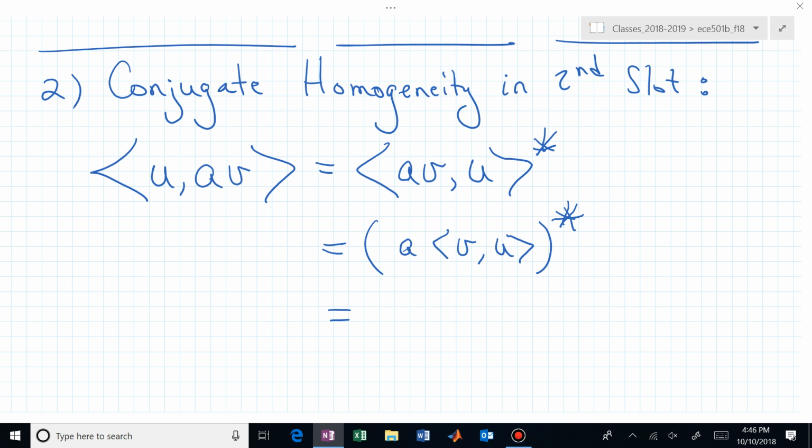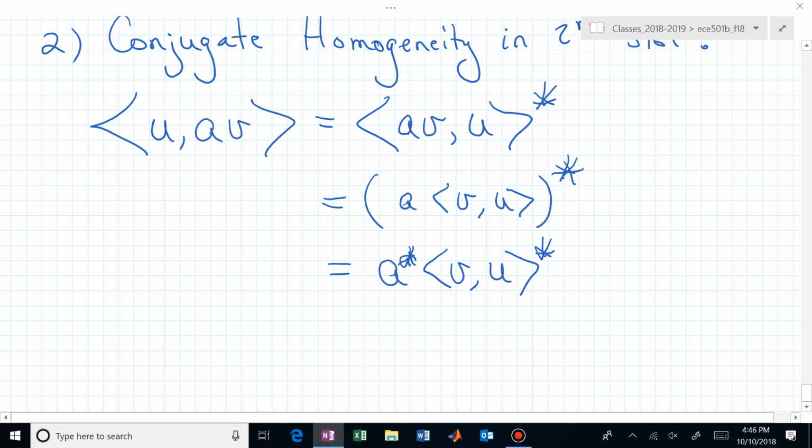So now this is going to be a star, v u star, but that's now just a star u comma v. And that now says that if I scale the second slot vector, I can pull that scalar outside the inner product by conjugating it. So I have conjugate homogeneity in the second slot.